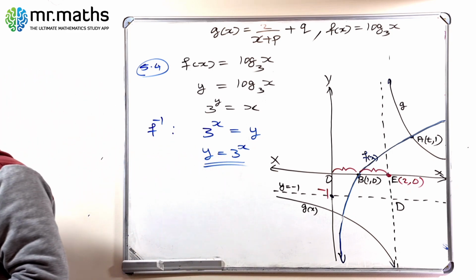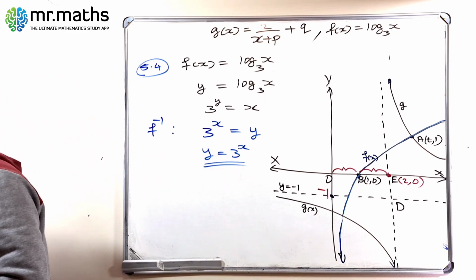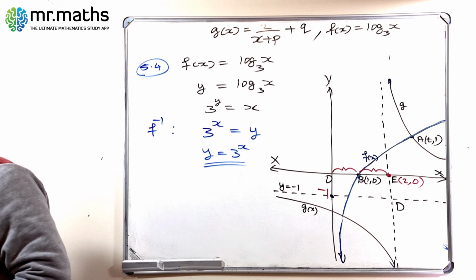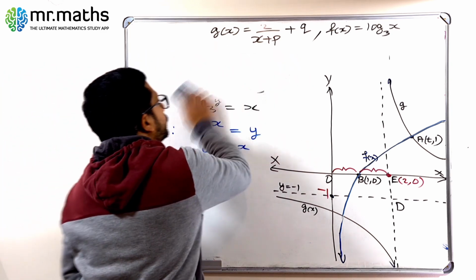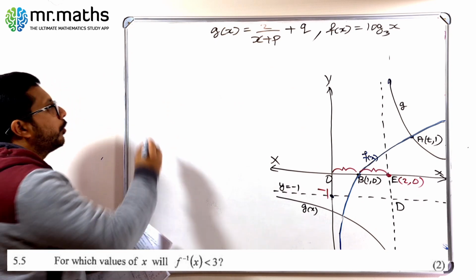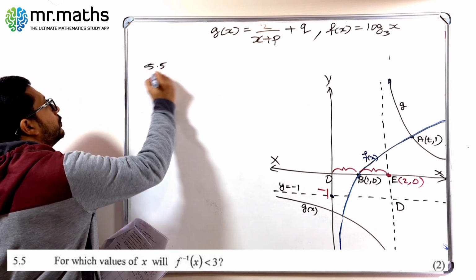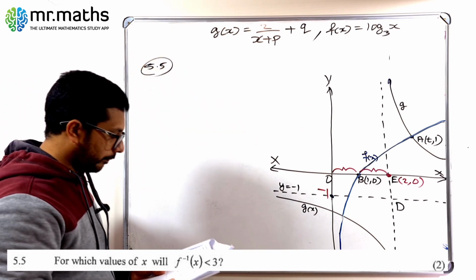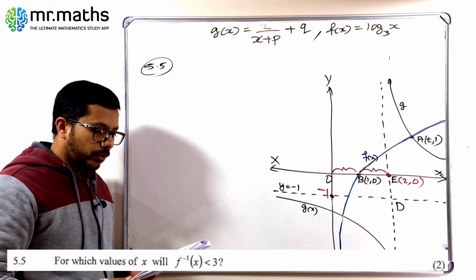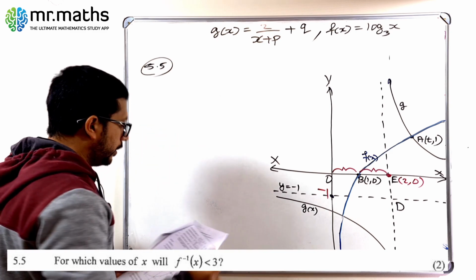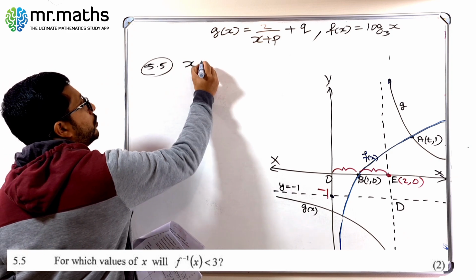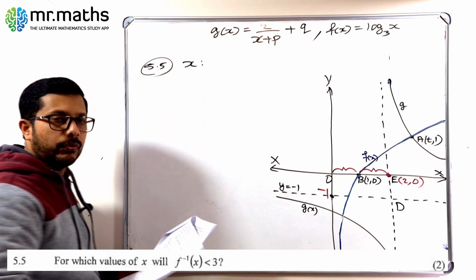Now let's go to question number 5.5. What is that question? For which values of x is f inverse of x less than 3? You have to find the values of x. For which values of x?